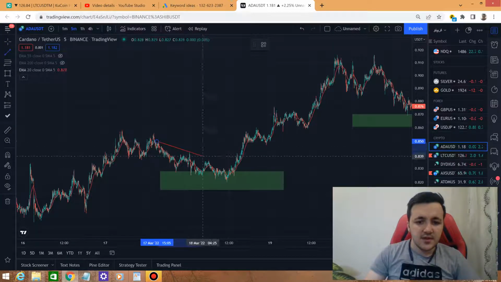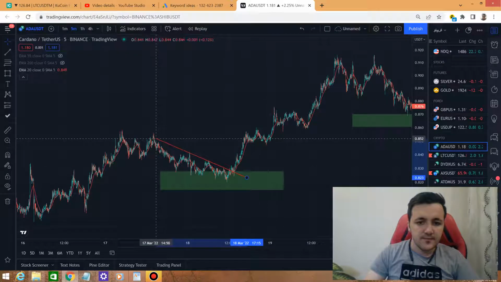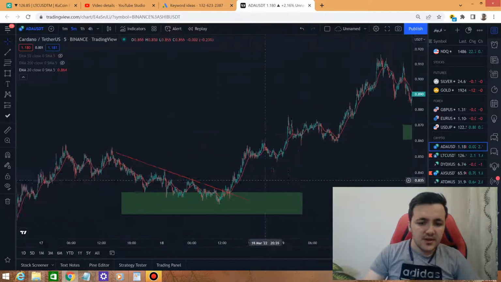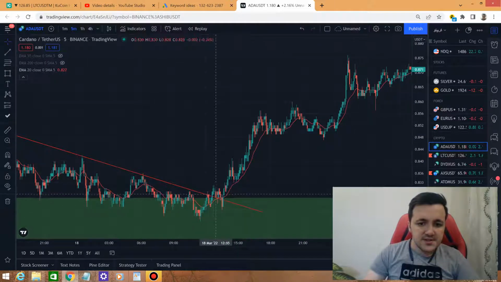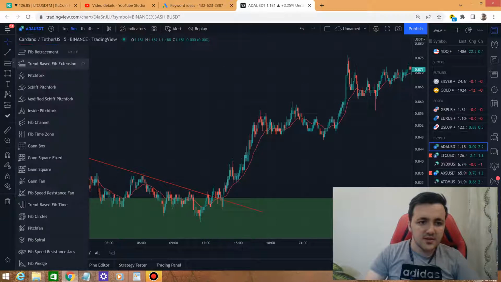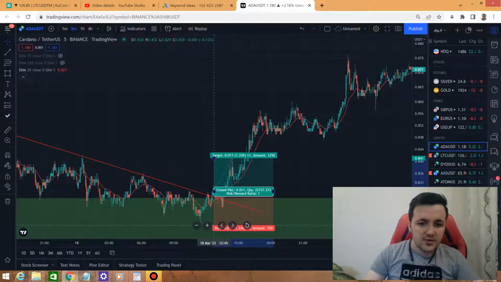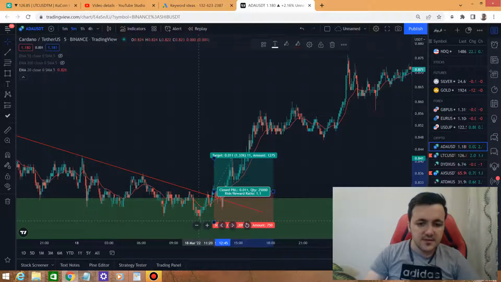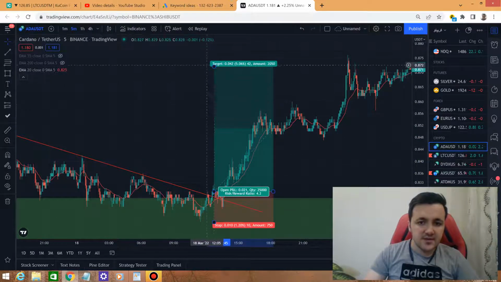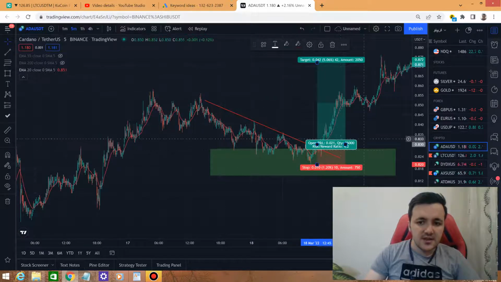We have this trend line, and we break the trend line in this candle, and we can enter the trade here and put a stop loss at the bottom of this candle, and this trade gives us a very excellent risk reward.